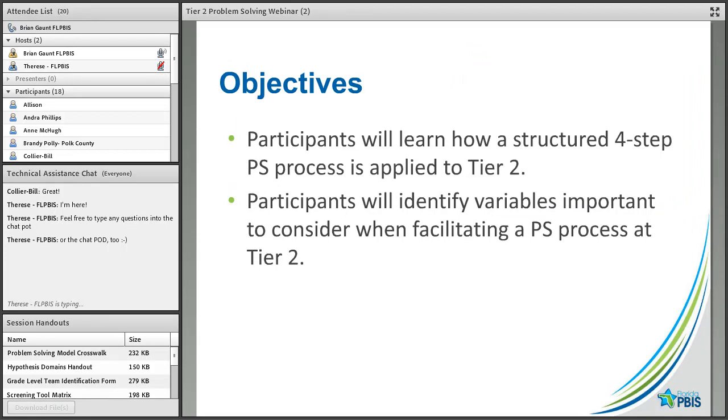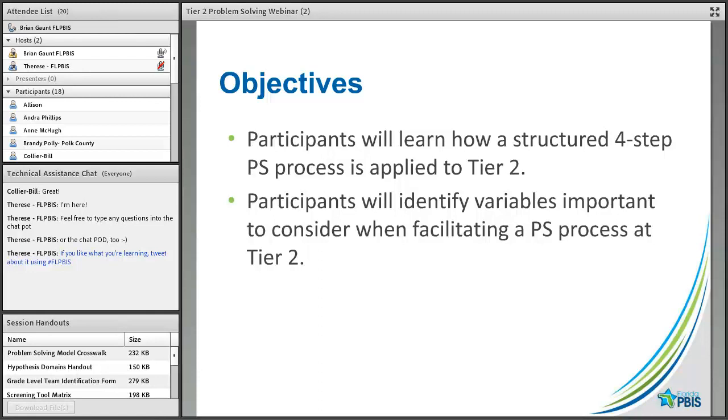So just a quick overview. We're going to make sure that we highlight a structured four-step problem-solving process as it applies to Tier 2. In particular, we're going to look at specific variables that you might want to consider when thinking about facilitating this process at Tier 2. So the application here will be school-based. Our focus here is on problem-solving for academic, instructional, behavioral kinds of issues at that student-focused level.